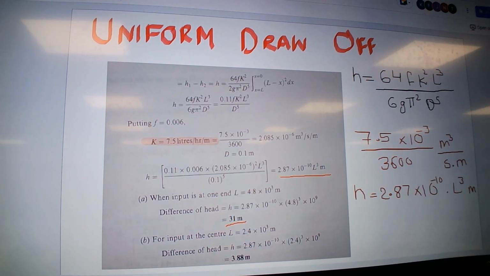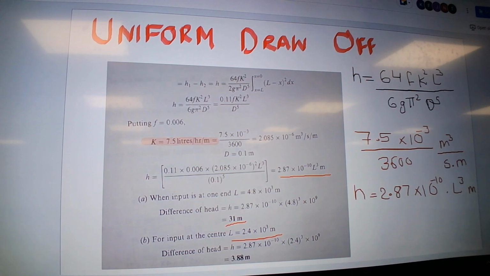The question initially said the pipe was 4.8 kilometer long, so 4.8 kilometer is 4.8 times 10 to the 3 meters. That gives us a head of 31. If you want to find it in the middle, that's 2.4 times 10 to the 3 meters. We put that in, and the head difference is 3.88 meters.